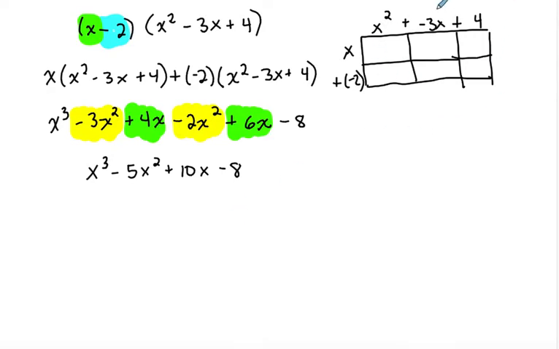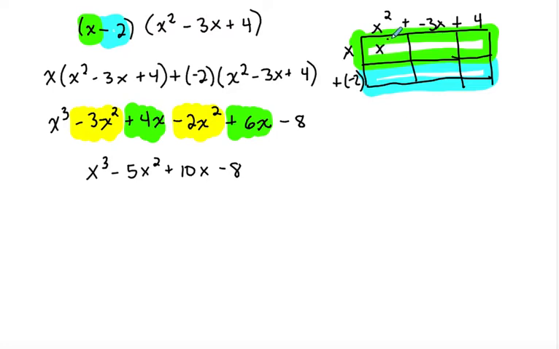Just to verify using my area model, I'm going to do the same thing. I'm just going to take a look. I'm going to find first the area of this upper rectangle, and then I'm going to add it to the components, the terms in the lower rectangle, and I should get the same terms that I ended up with here.